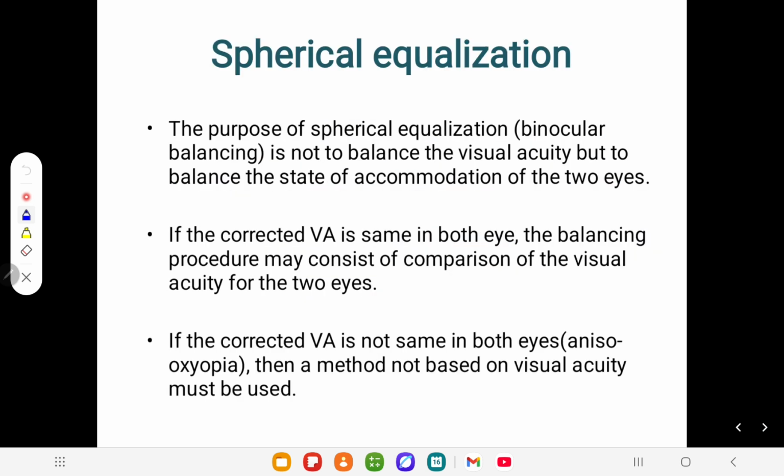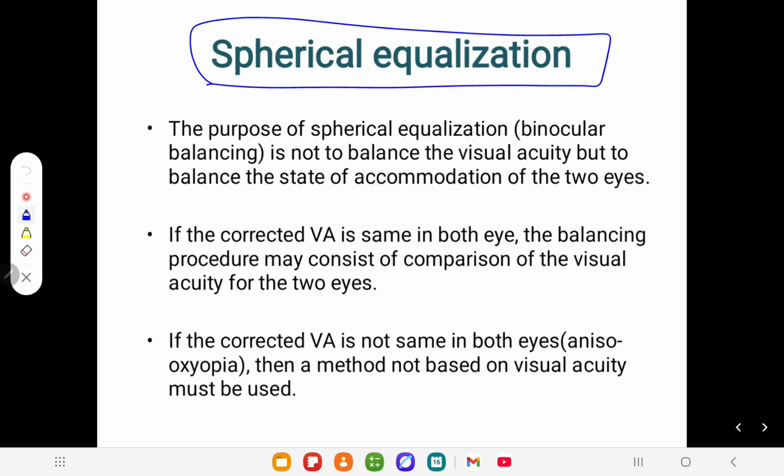Okay, so spherical equalization, this is the sixth point, isn't it? The last point is spherical equalization. What is spherical equalization, and what is its purpose? Sometimes we call spherical equalization binocular balancing, which is famous among optometrists. So just remember what the purpose is. It has always been asked in viva.